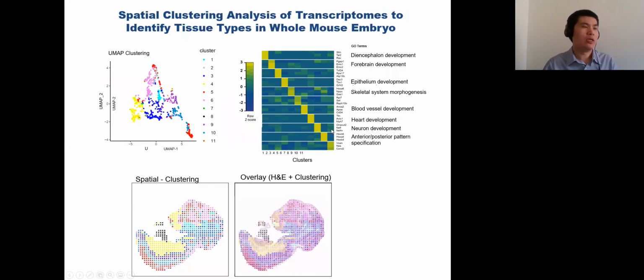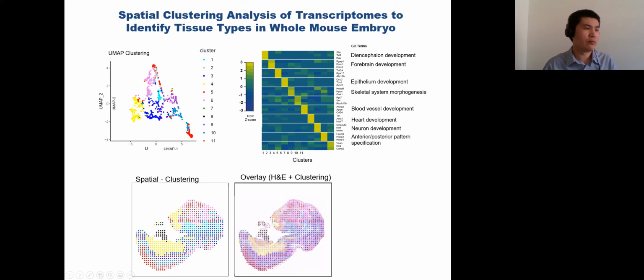Another thing we can do is simply treat each of the spots as a single cell, so we can apply single cell RNA technology, the clustering technology, to our spatial data. We treat them as single cell clusters with UMAP and choose the clustering. We can then place them back on their tissue location, and the overlay shows different distinct clusters.